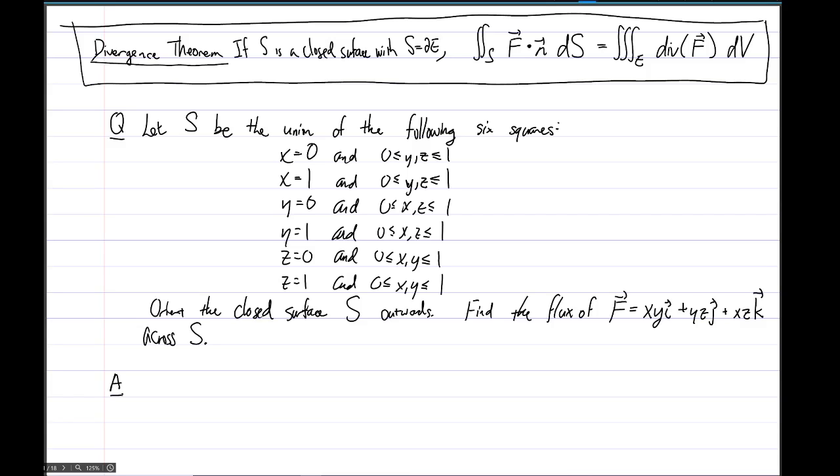Okay, so instead of setting up six separate surface integrals, we could do that. It's a way to do this problem. Instead of doing that, we're just going to use the divergence theorem.